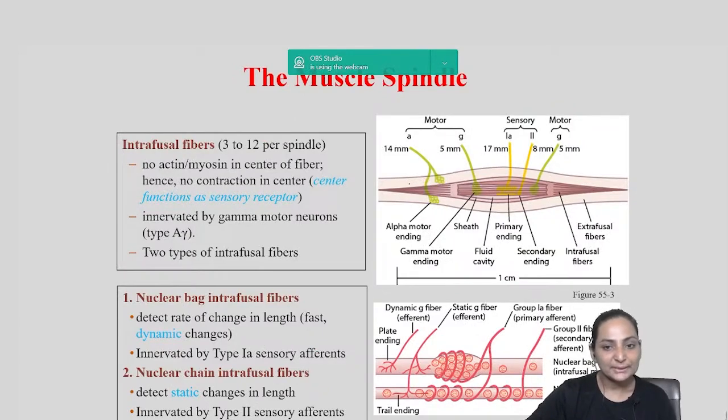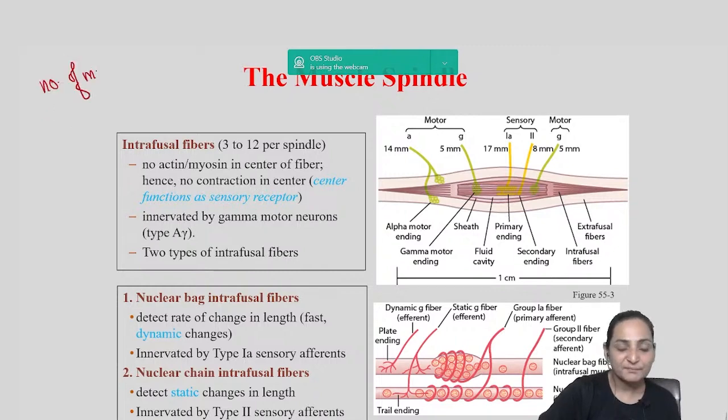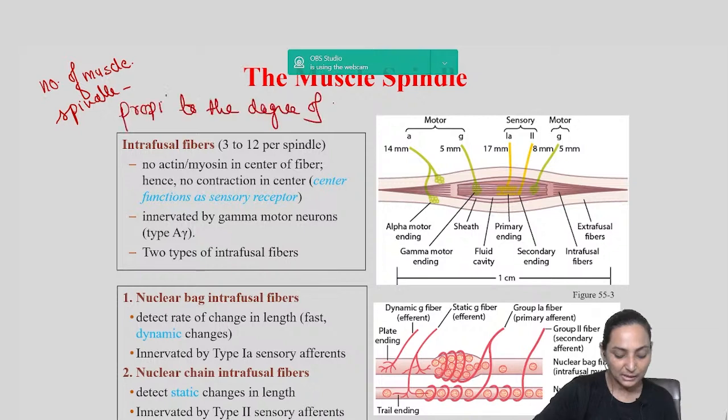Now let's look into the detail of this muscle spindle, right? You should remember that the number of muscle spindles also varies with the precision of the skilled movement a muscle has to perform. That means it is proportionate to the degree of precision of the muscle.